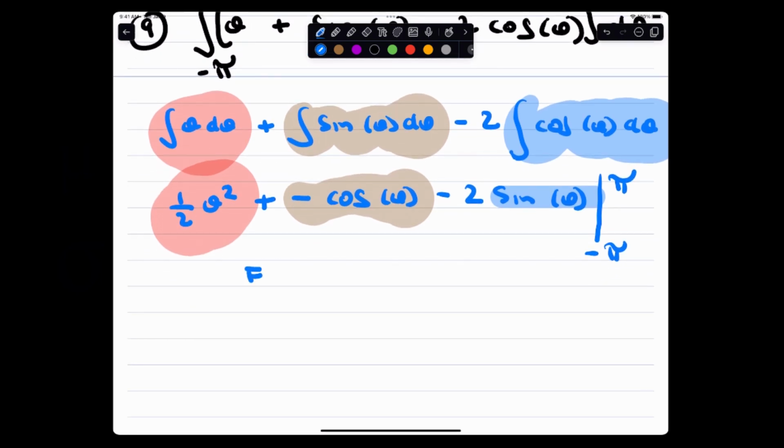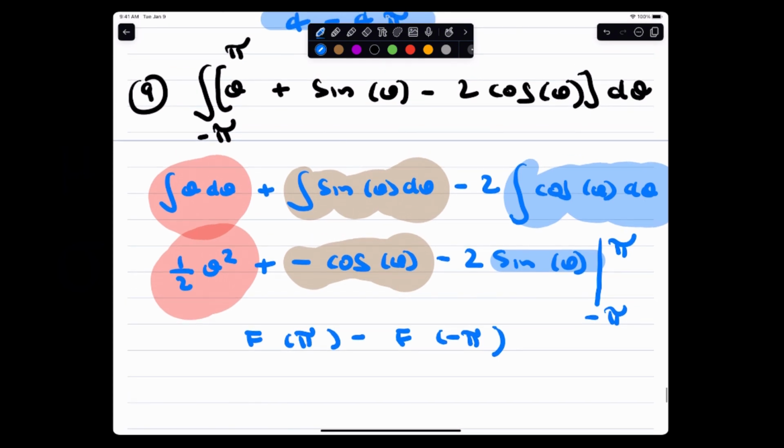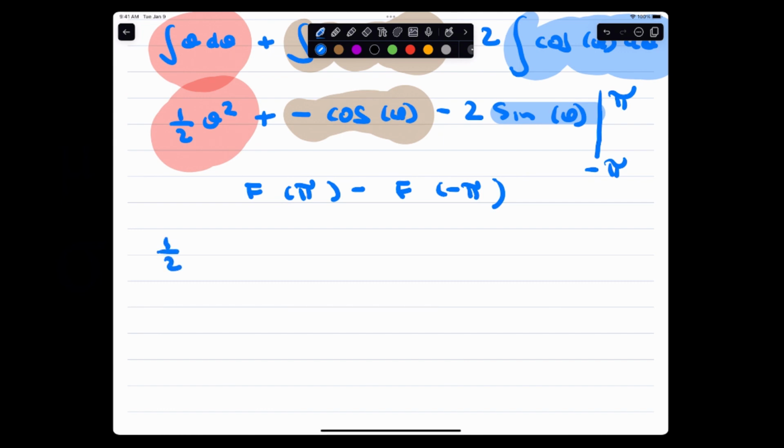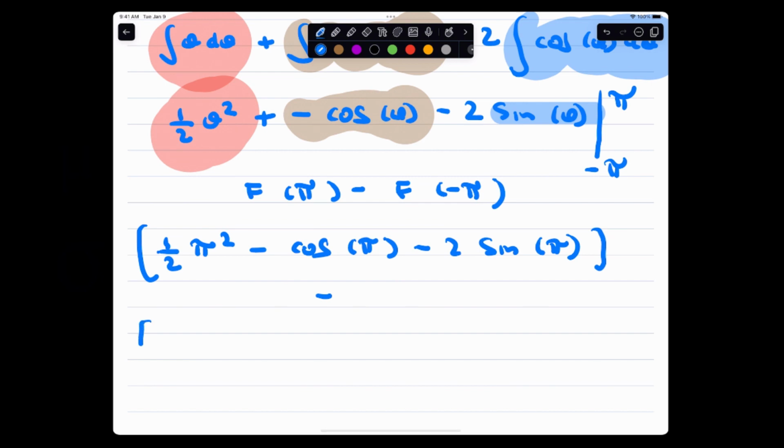So this would be F of pi minus F of minus pi. 1/2 pi squared minus cosine pi minus 2 sine of pi, in the parentheses, minus 1/2 minus pi squared minus cosine minus pi minus 2 sine of minus pi.